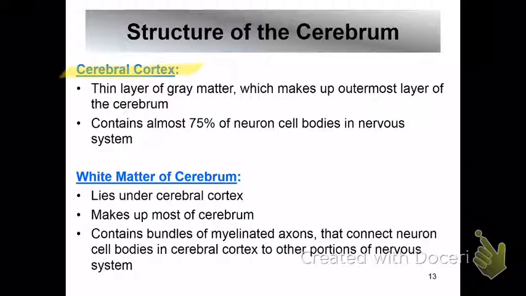And let me, just for definition's sake, so you'll know the difference. Gray matter, think back to chapter 10 or the nervous system part 1. Think back to myelin versus myelinated. Myelin, we talked about, was that rubber coating on each axon. Well, if it's gray matter, then it's unmyelinated.